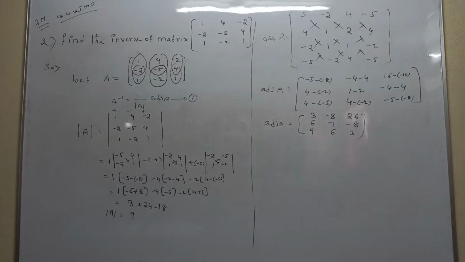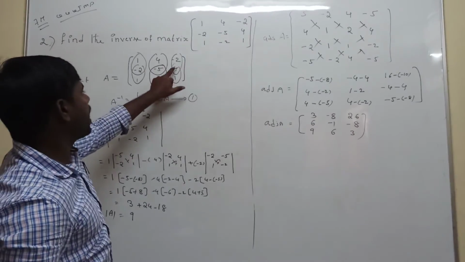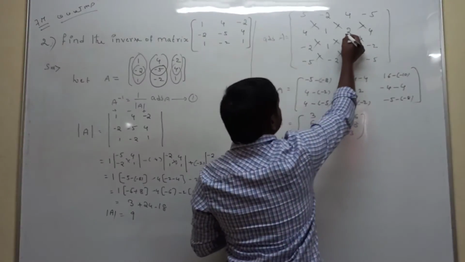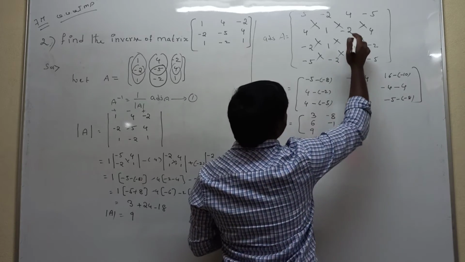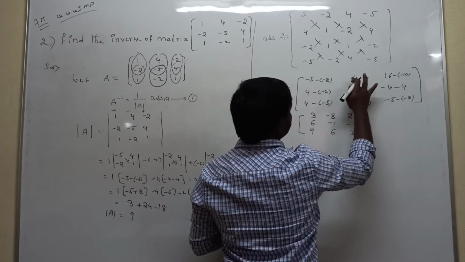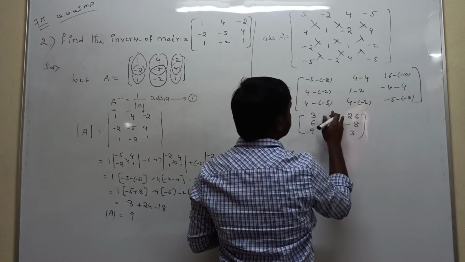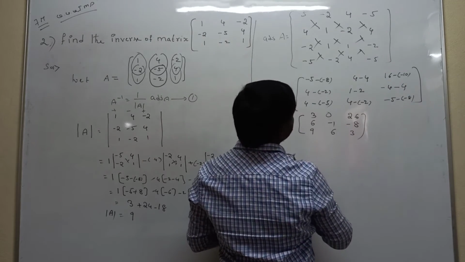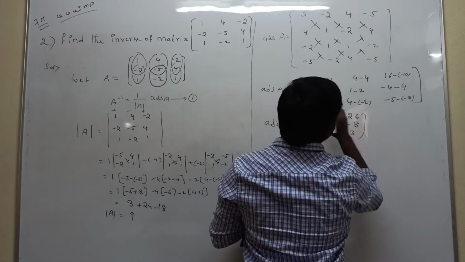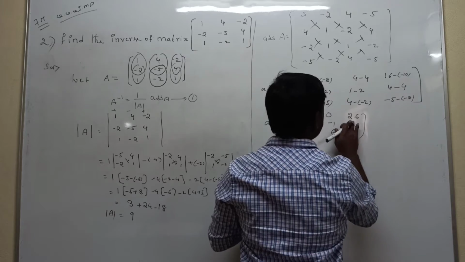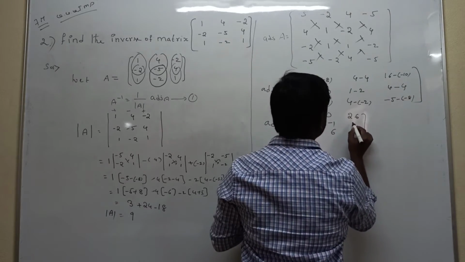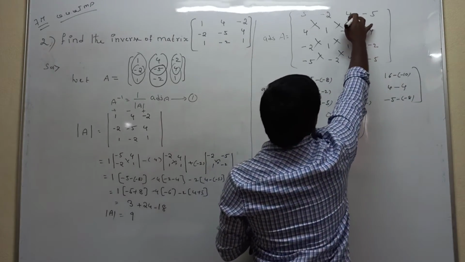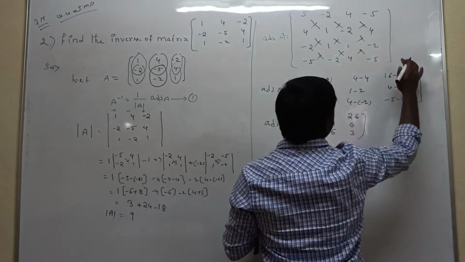So is there any mistake? 4 1, 4 1, minus 2 4. That means this is the plus 4. 4 minus 4, that value is 0. Next one is minus 2 into minus 2 is plus 4. This one 4 minus 4 value is 0. Next 4 into 4 is 16, and that is plus 10.